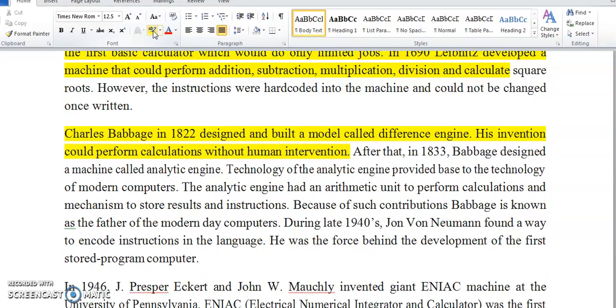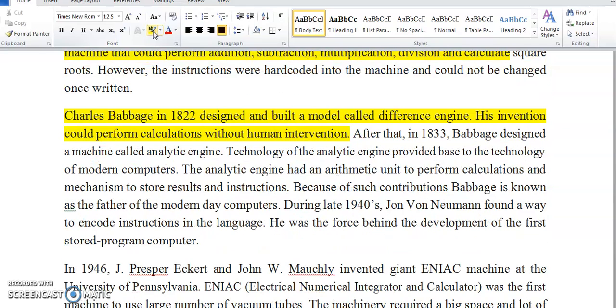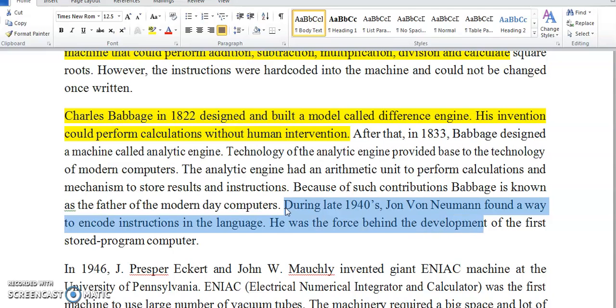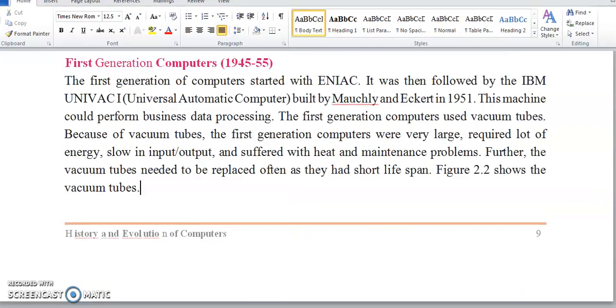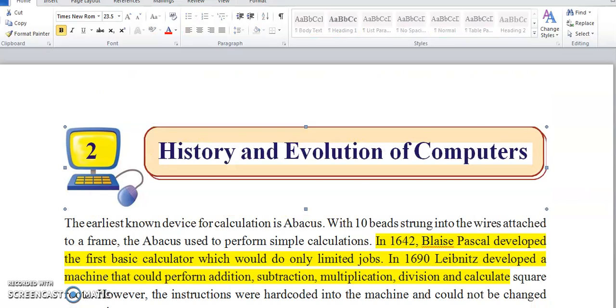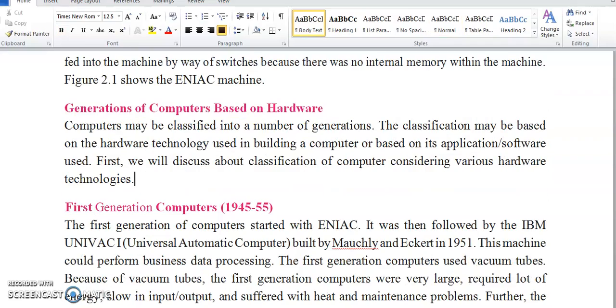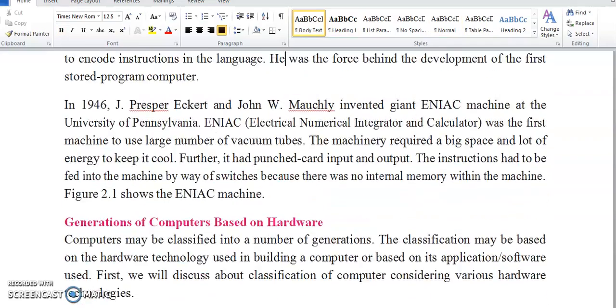Same way, during the late 1940s, John von Neumann found a way to encode instructions in the language. He was the force behind the development of the first stored program computer, who researched how to write a program.